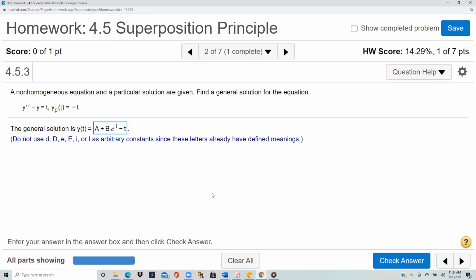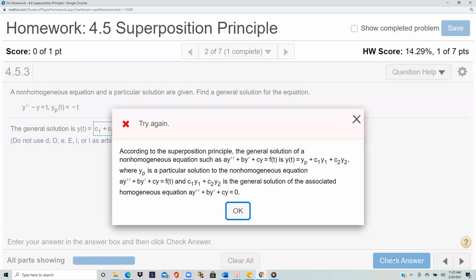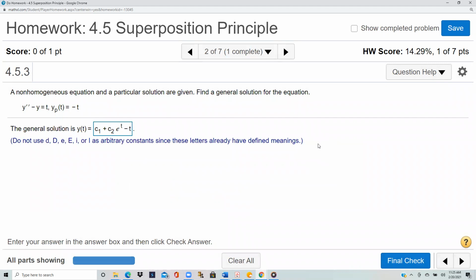I don't see anything wrong. Well, let's just try our old constants then, C1 and C2. C subscript 1 plus C2. What's wrong? yp plus C1 y1 plus C2 y2. I don't see anything wrong here.